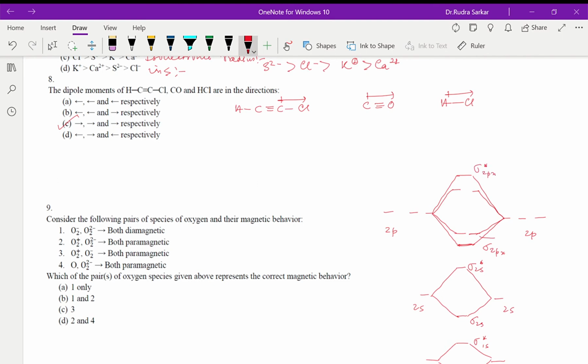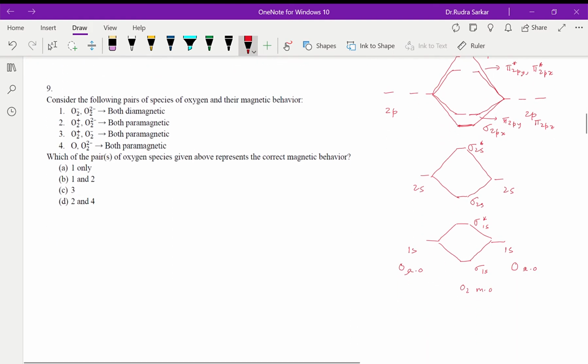These ones we will say pi 2py, pi 2pz. These ones are pi star 2py, pi star 2pz.